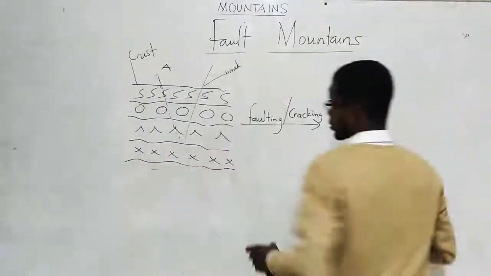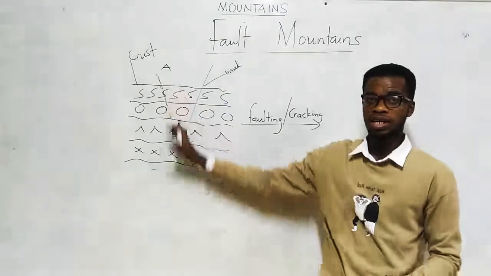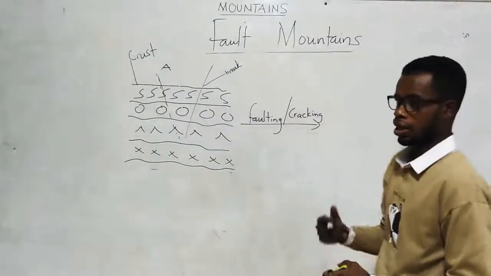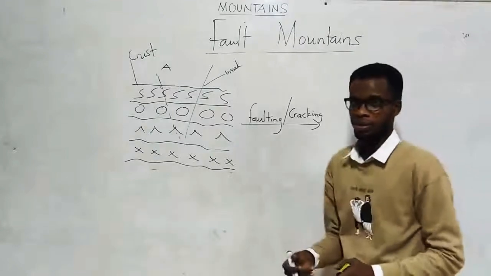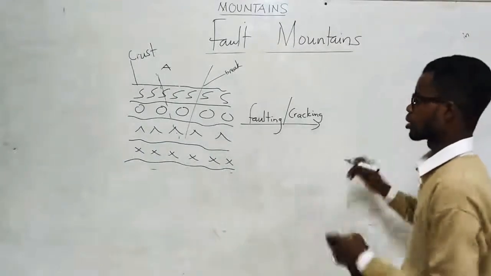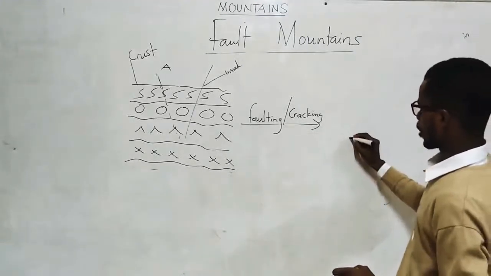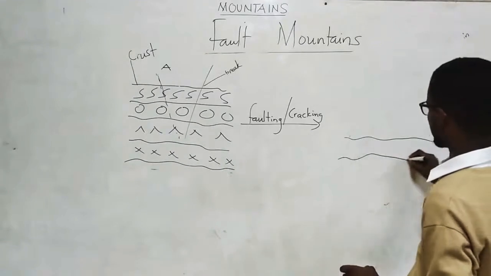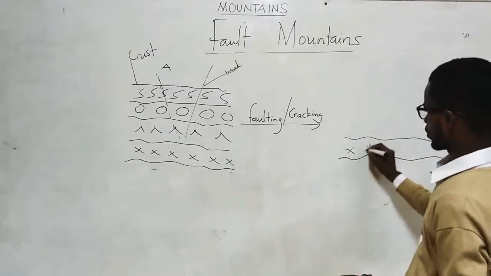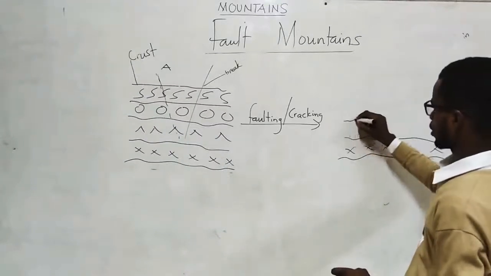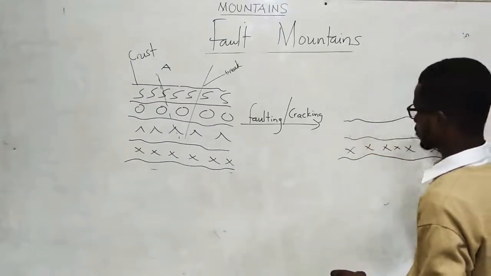As the break occurs within the layers of the earth, they get deeper depending on the intensity, degree or magnitude of the break or the crack. If it doesn't affect any layer, the layer will still remain. So let's say it gets into some area around this place.